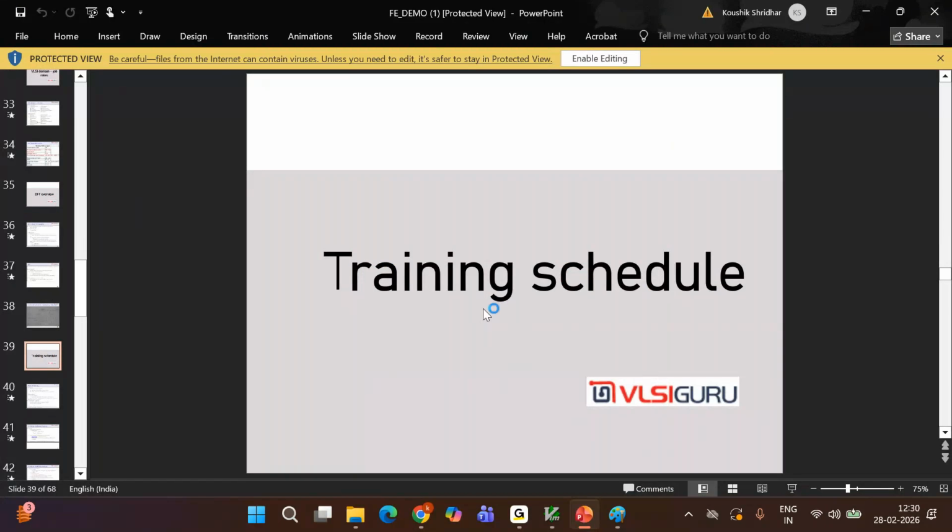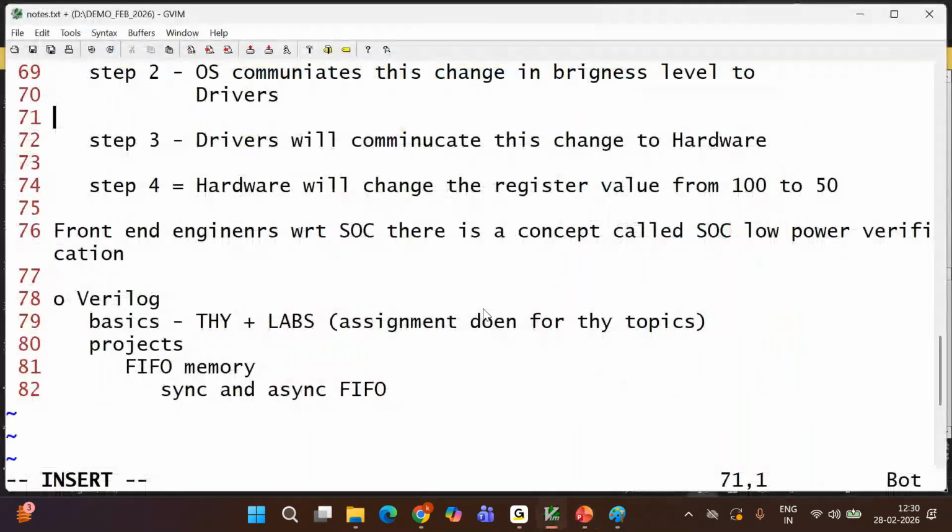Let me discuss the training schedules again. As I understand from this demo session, there are two categories of candidates who are going to enroll. One is pursuing or has completed engineering and has time on weekdays, Monday to Saturday.